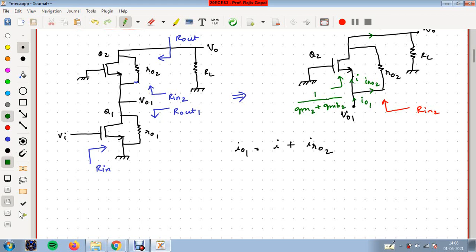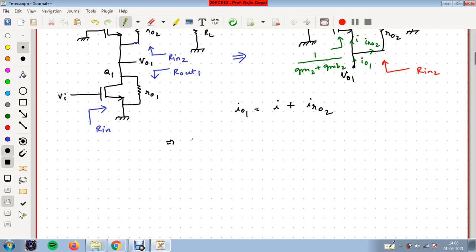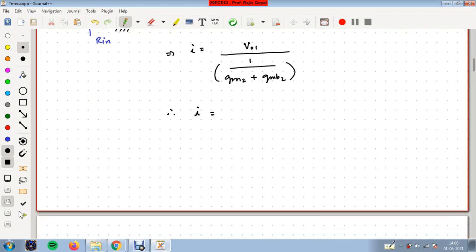So the current I flowing at the source of Q2 will be V01 divided by the impedance seen at the source, which is 1 by (gm2 plus gmb2). Therefore I is V01 times (gm2 plus gmb2).